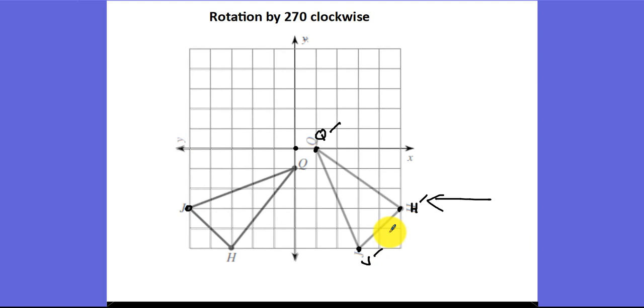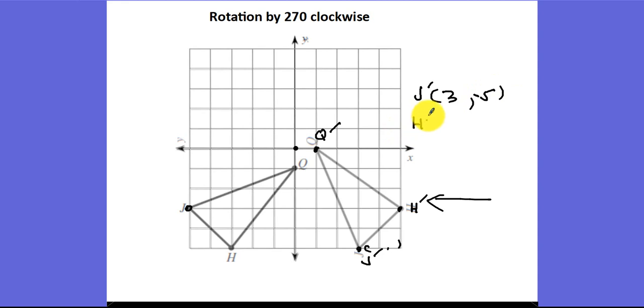If they will ask you to find the coordinates of your image, you have to write J prime is now located, okay, this point is 1, 2, 3, and then the Y value 1, 2, 3, 4, 5, so that's negative 5.